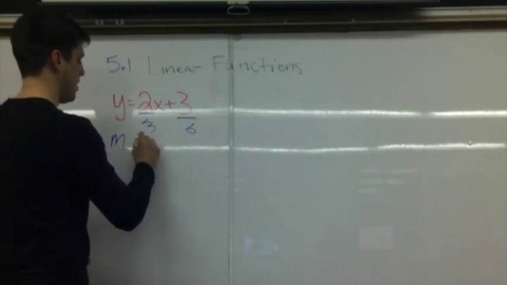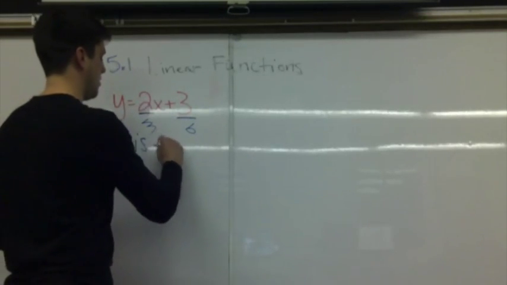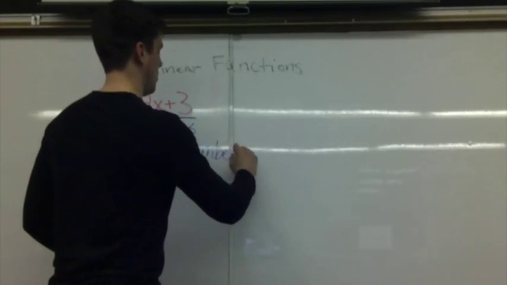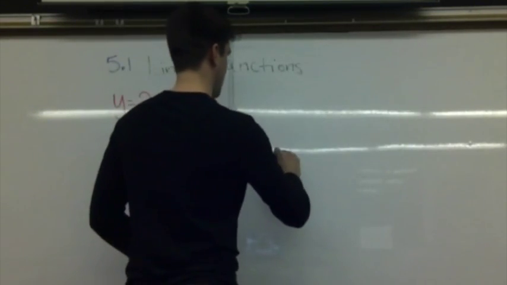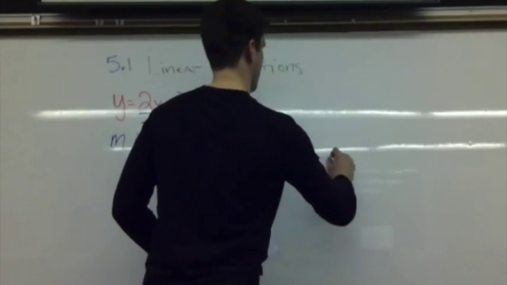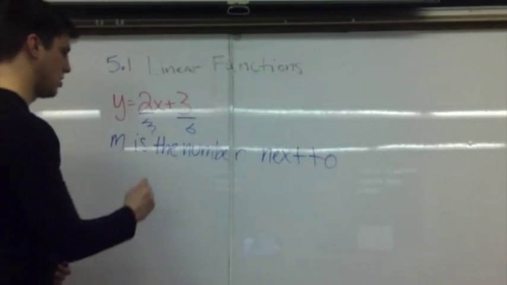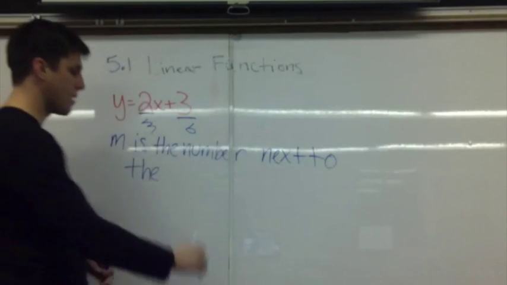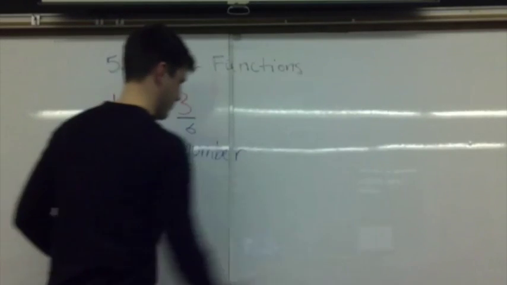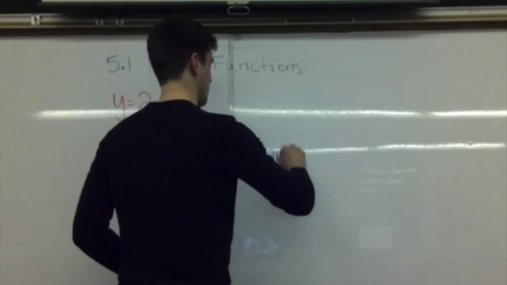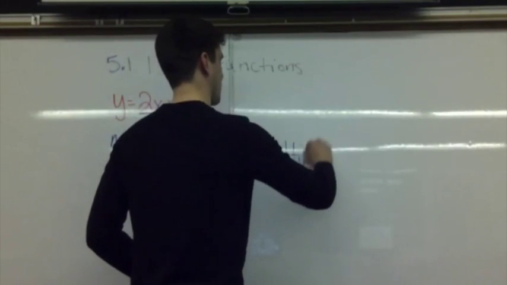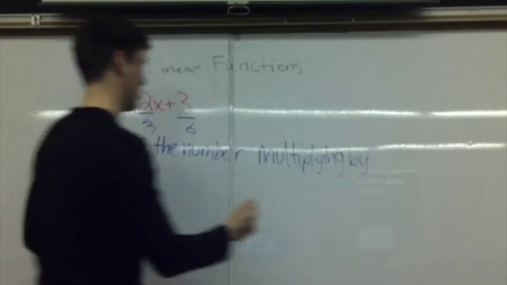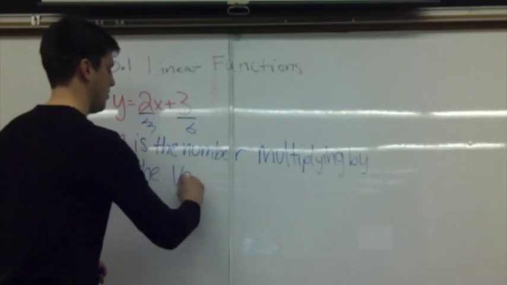M is the number next to, or multiplying by, the variable.